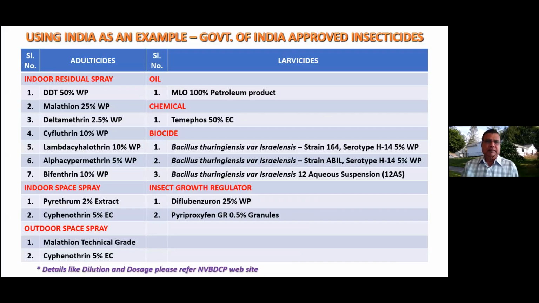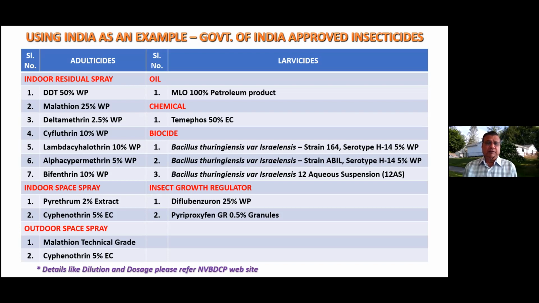These are the insecticides used in India and approved by the Government of India. If you are going for vector control, naturally you should have adulticides, larvicides, and space spray insecticides. In larvicides, we have biocides and insect growth regulators.